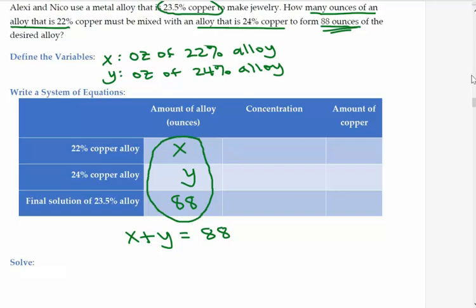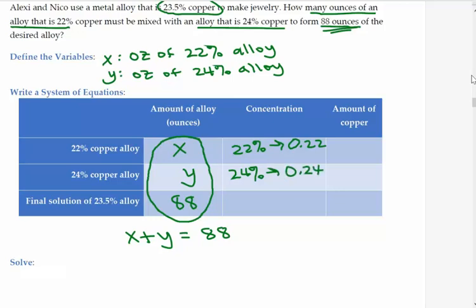Then for this next column, when we're dealing with percentages, we've got to change those to decimals before we can put them in our equation. So this concentration is 22%, but how do I change that to a decimal? Yeah, 0.22. And then 24% similarly is going to be 0.24.